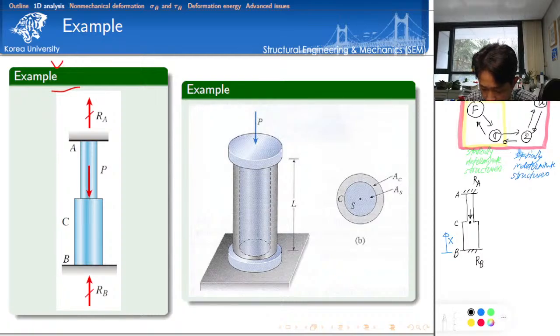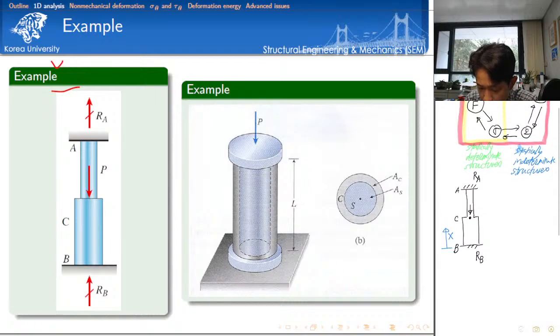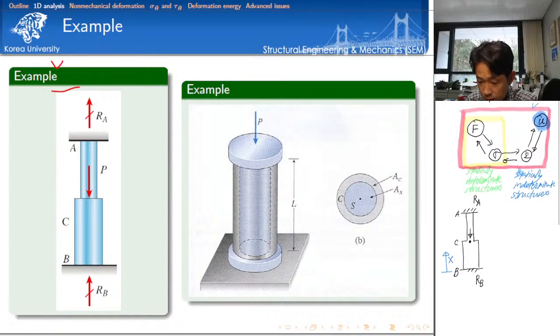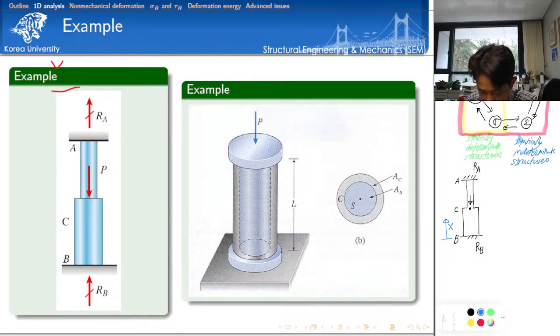Okay, then first I want to define the displacement field. Okay, displacement field. So what is my displacement field?